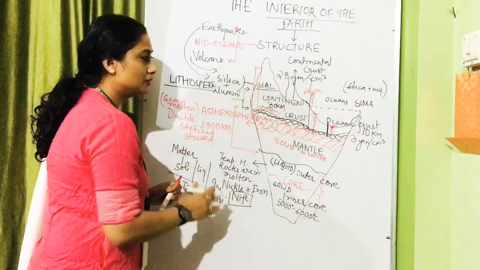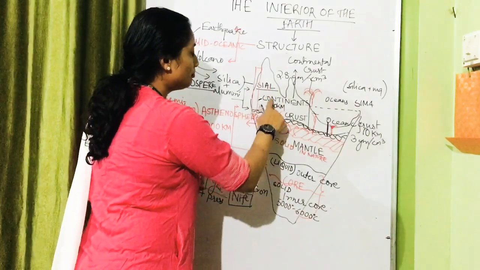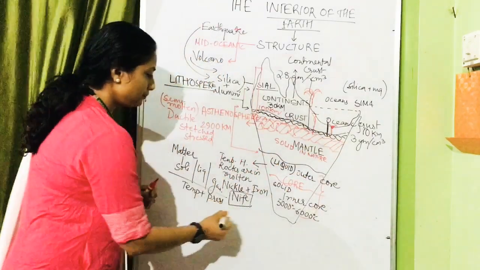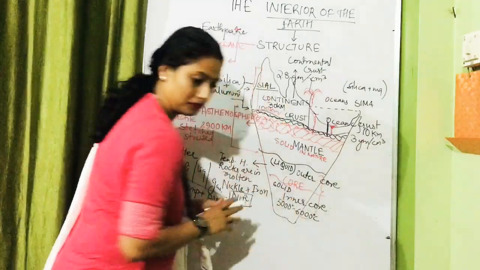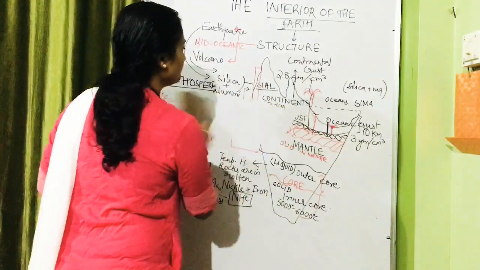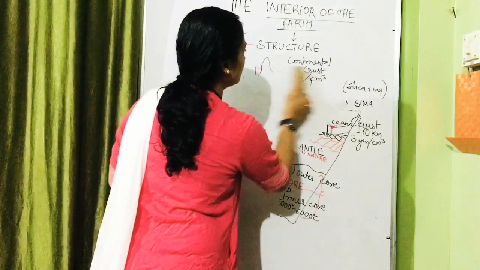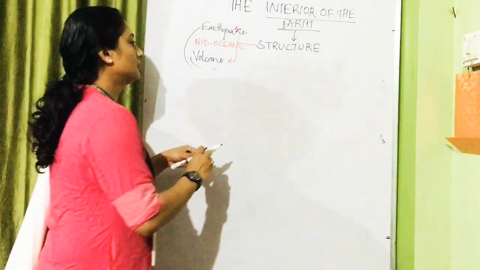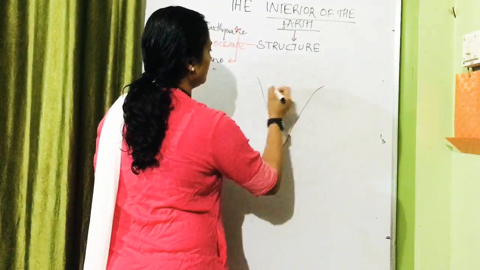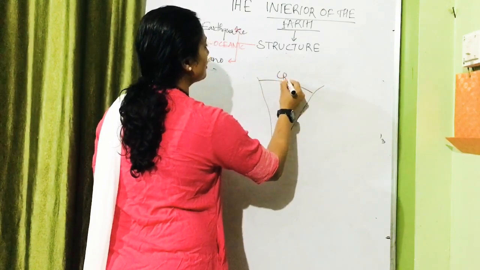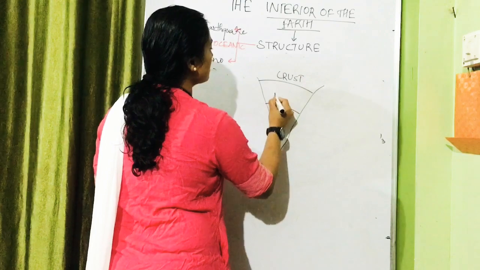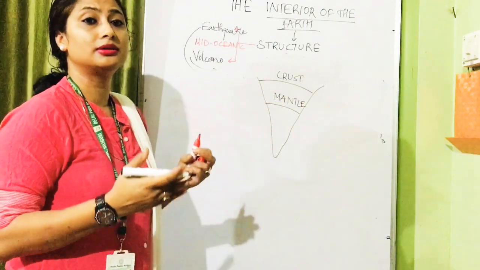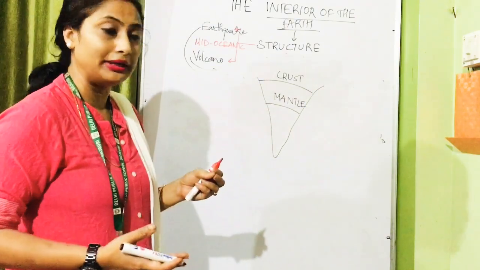So I hope it's clear. One important thing regarding the boundaries between crust and mantle. This crust and mantle are divided by, if this is the crust and this is the mantle, how do we know suddenly the structure is changed into a layered structure?